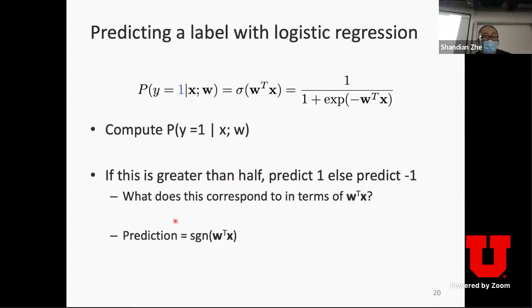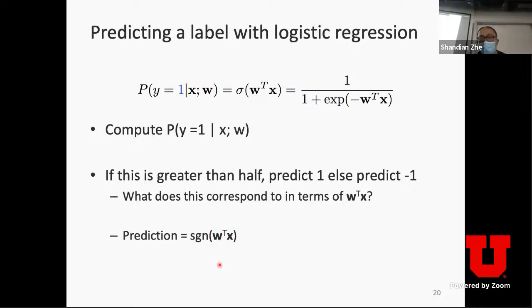Okay, so now let us contrast with our previous prediction rule. In our previous prediction rule, for a linear classifier, we just look at the sign of the prediction score. The score here is still w transpose x. If w transpose x is bigger than 0, we predict label 1.